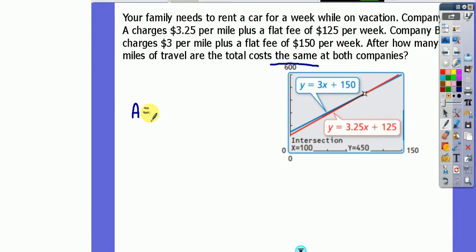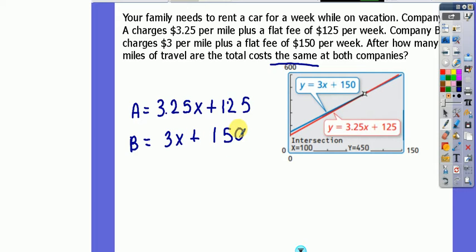A equals what? 3.25x plus 125. And then for company B, you're going to do the same thing, only it's 3x plus 150.